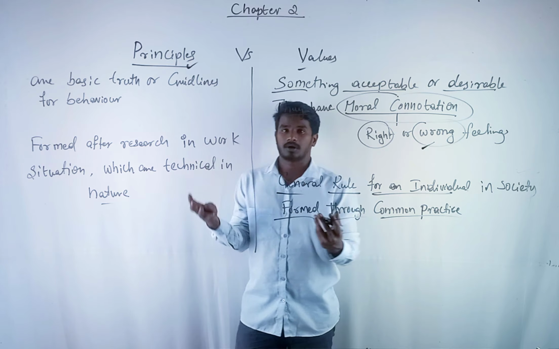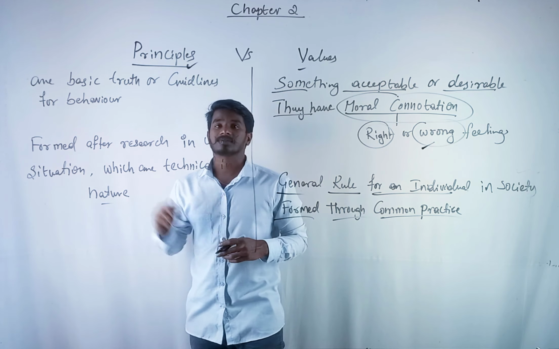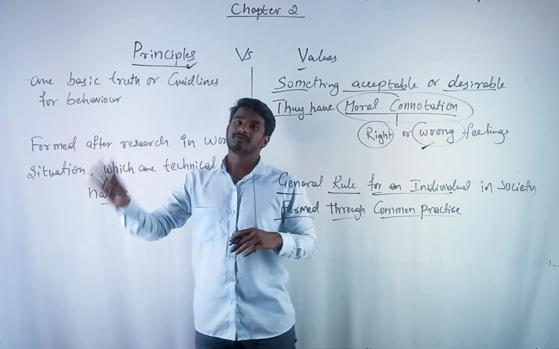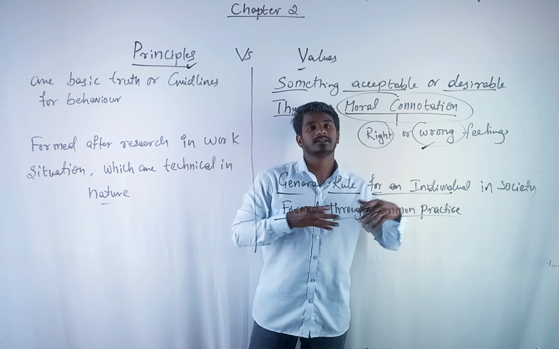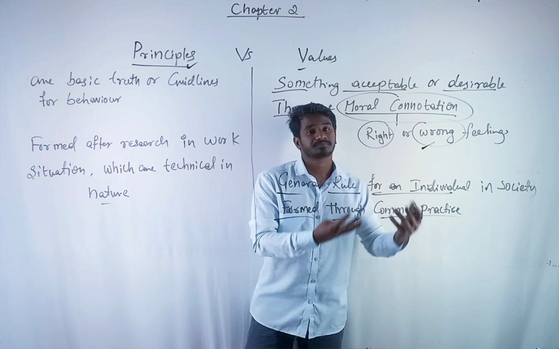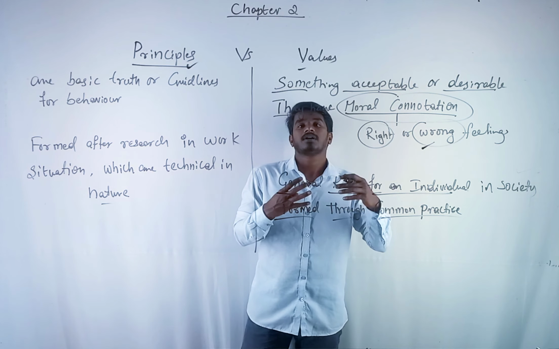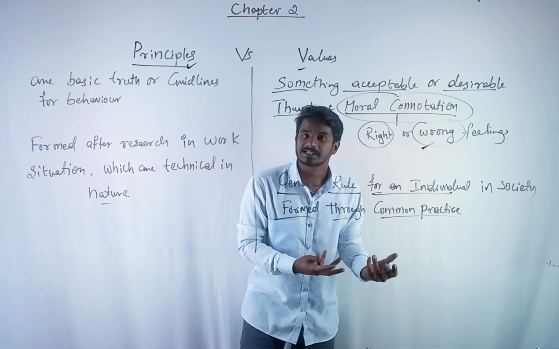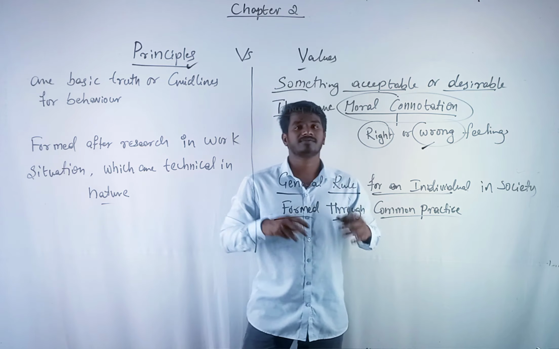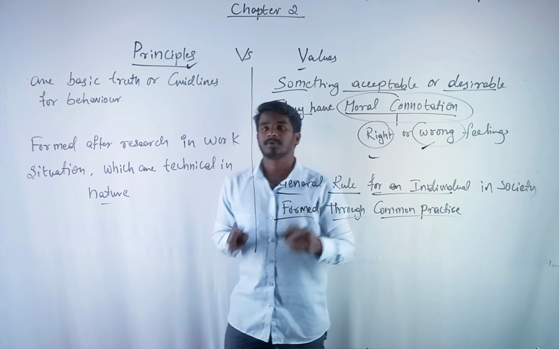If they like, they can follow; if they don't like, they can even leave it. We can change the community from Hindu to Muslim, Muslim to Hindu, or Hindu to Christian. If we like, we can do that. So it is a right or wrong perspective.